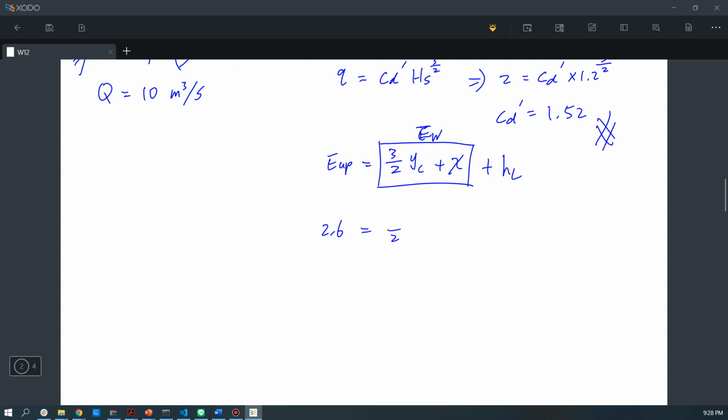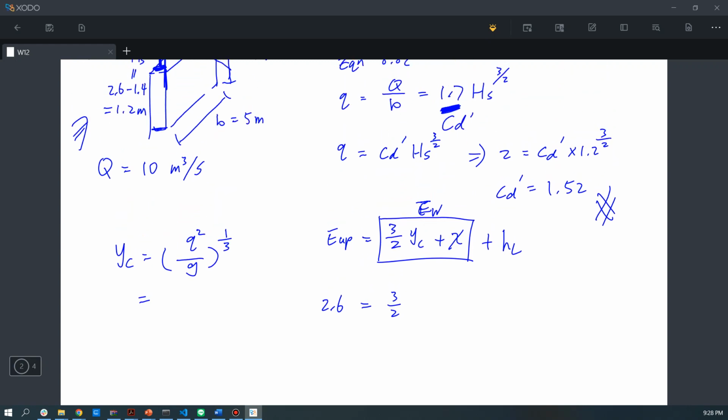And we know the critical depth y_c is equal to (q squared divided by g) to the power of 1/3, and we know q is equal to 2. So let's just plug in the numbers. g is 9.81.